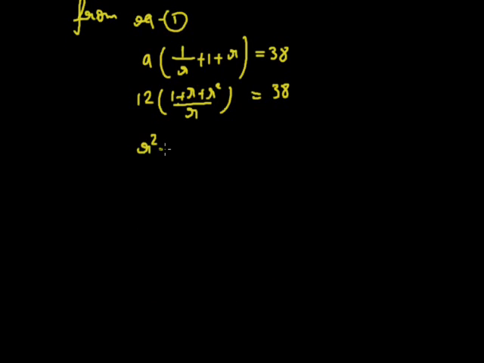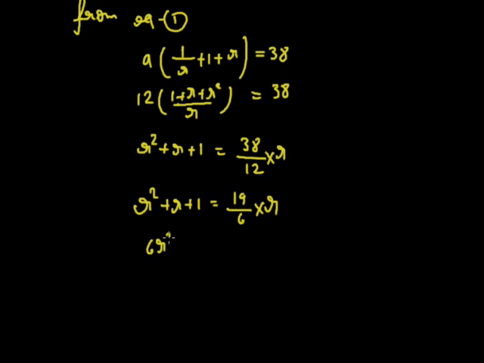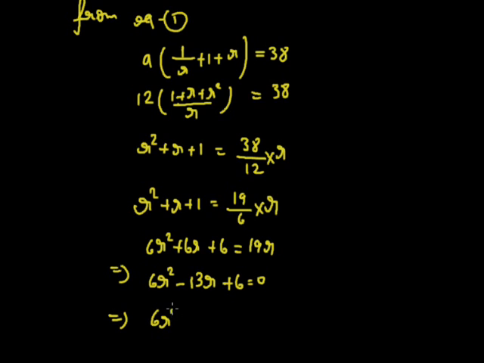Then r square plus r plus 1 equals 19 upon 6 into r, then 6r square plus 6r plus 6 equals 19r, then 6r square minus 13r plus 6 equals 0. Factorizing, 6r square minus 9r minus 4r plus 6 equals 0.